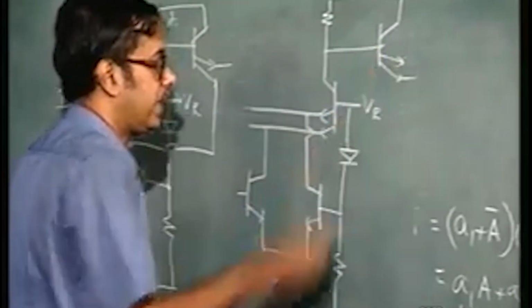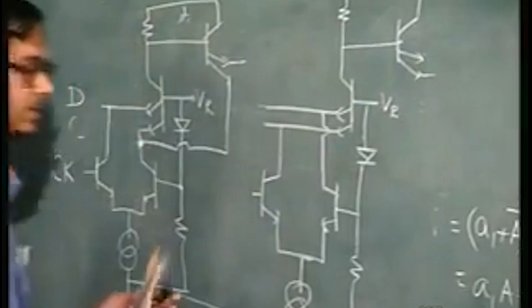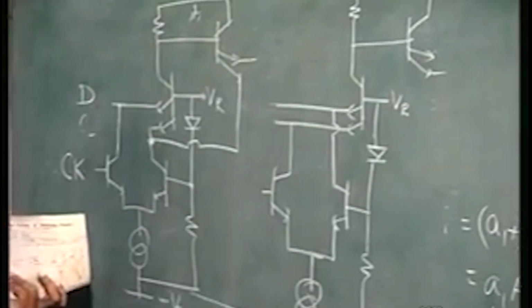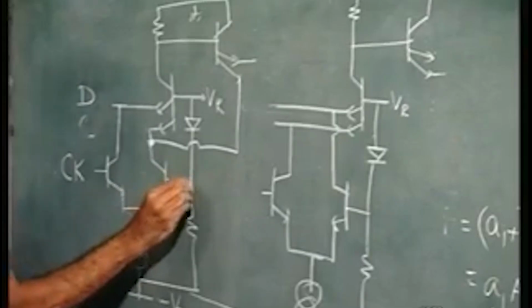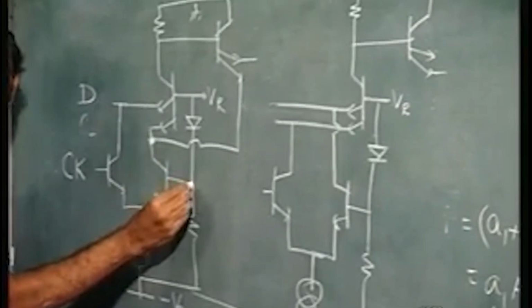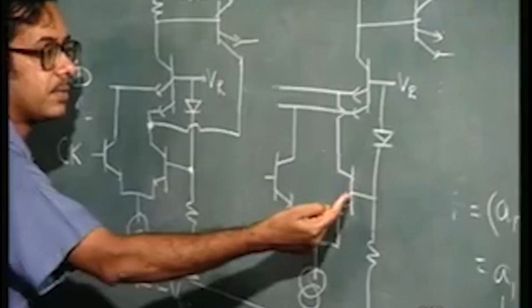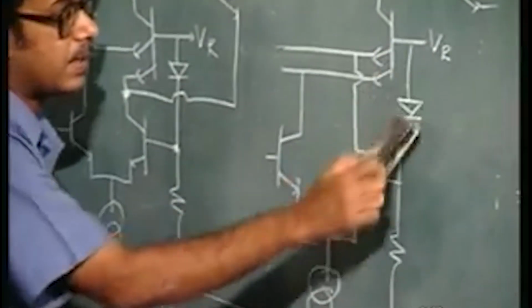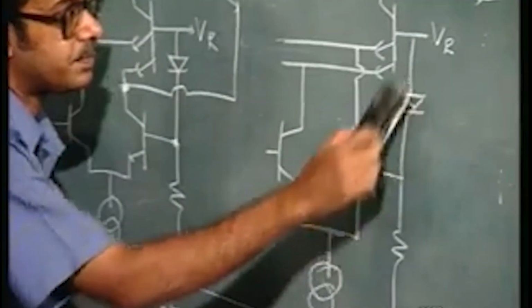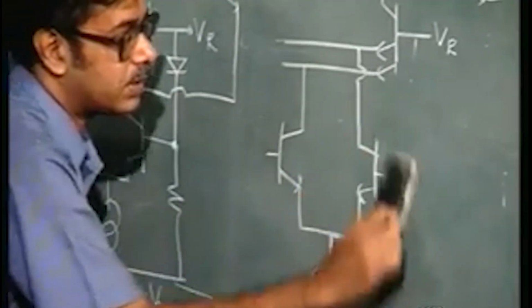You have a similar gate, but what is the only difference? That the clock is going to be inverted. So what you do is, this VR for this first gate. What I should do now is remove this.